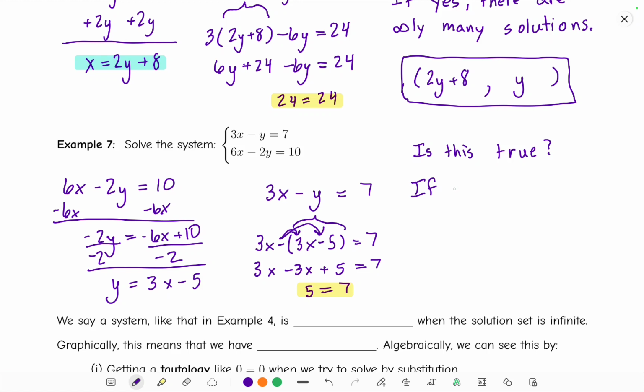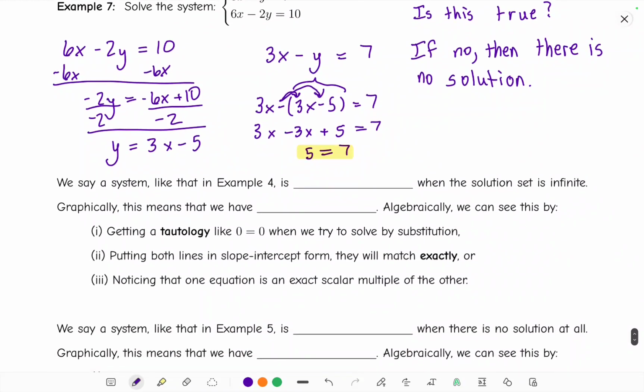If no, then there is no solution, which means it's inconsistent and independent. And we don't have to find a general solution this time because there is no solution, so we're done. Okay.